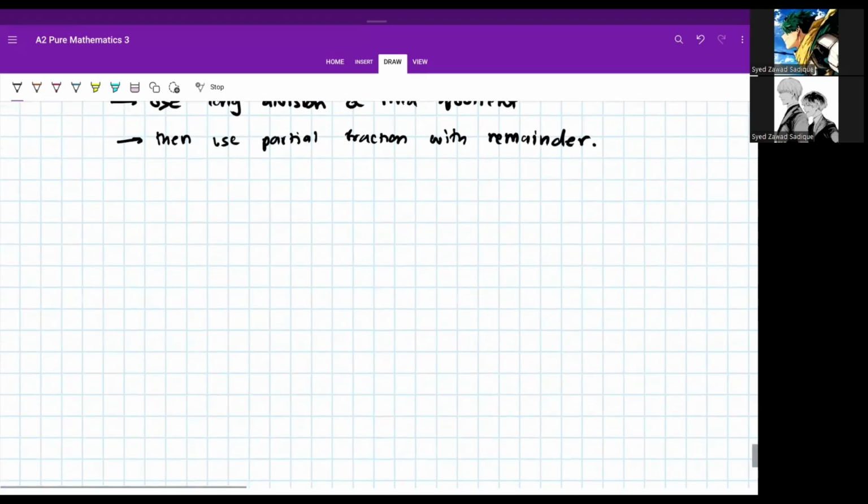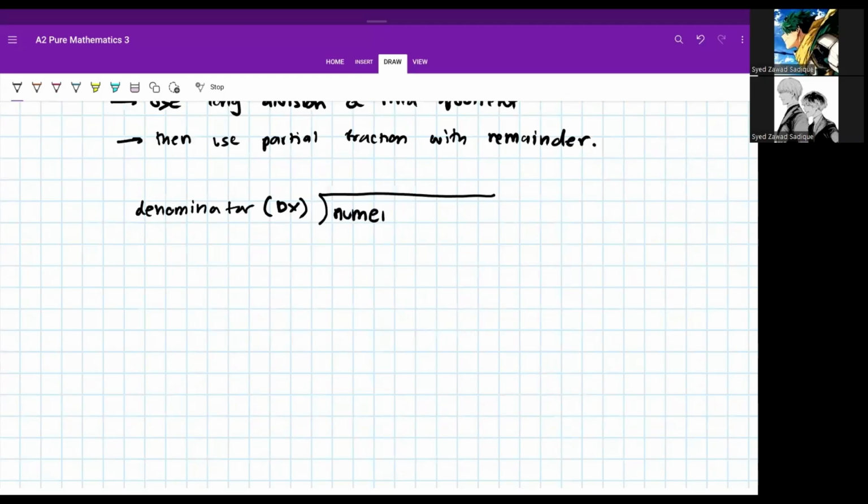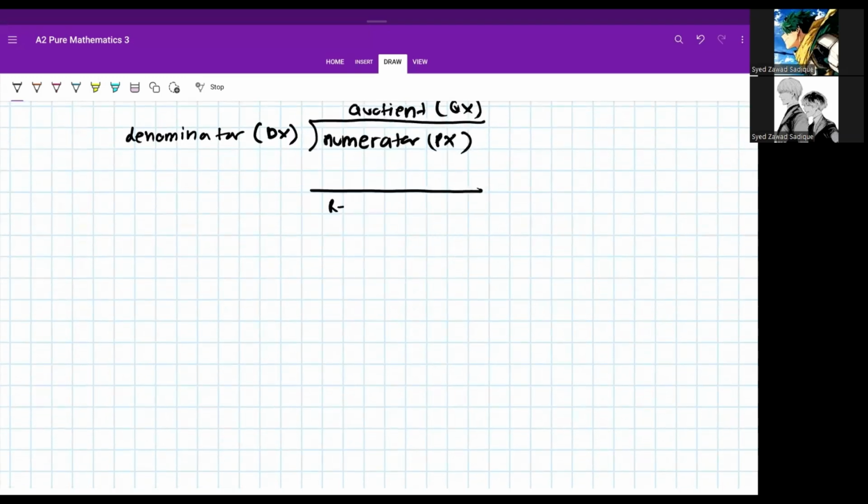So what we use: we divide the numerator N(x) by the denominator D(x), getting quotient Q(x) and remainder R(x).